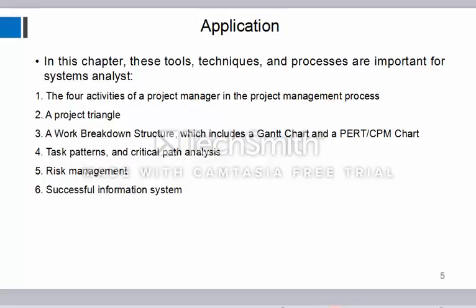A work breakdown structure includes a Gantt chart and a PERT chart of a project. And then task patterns and critical path analysis, risk management, and a successful information system.